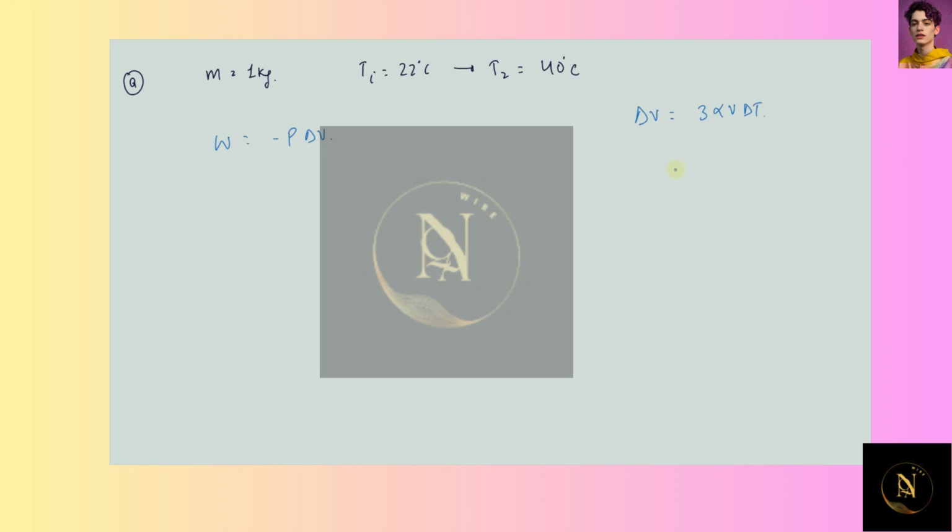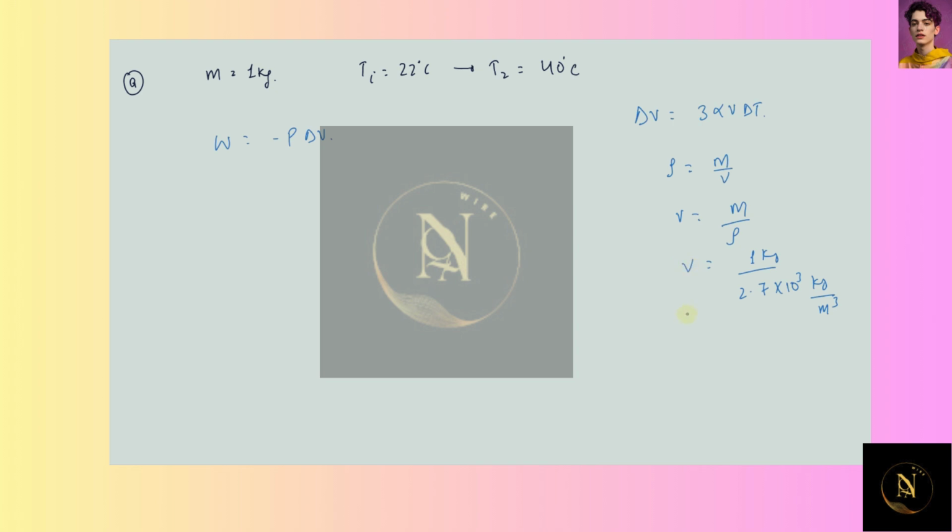First of all, we'll be calculating the volume. We know that density is equal to mass divided by volume. From here, volume will be equal to mass divided by density, and the mass of aluminium is given as 1 kg, and the density of aluminium is 2.7 into 10 to the power 3 kg per meter cube.